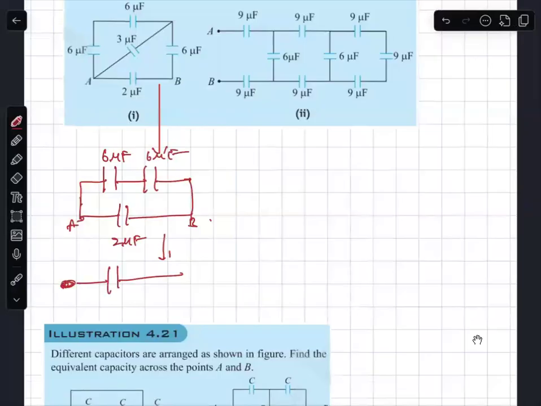Across AB, it is going to be 5 microfarad. Remember, this entire combination becomes 3 microfarad, and that is in parallel with 2 microfarad, 5 microfarad. Right. Next case.